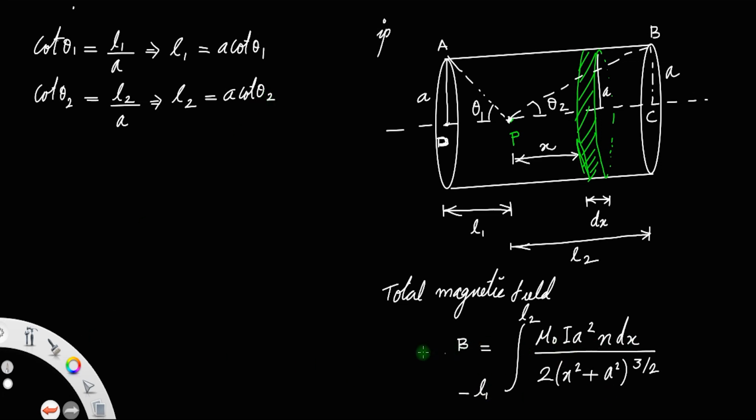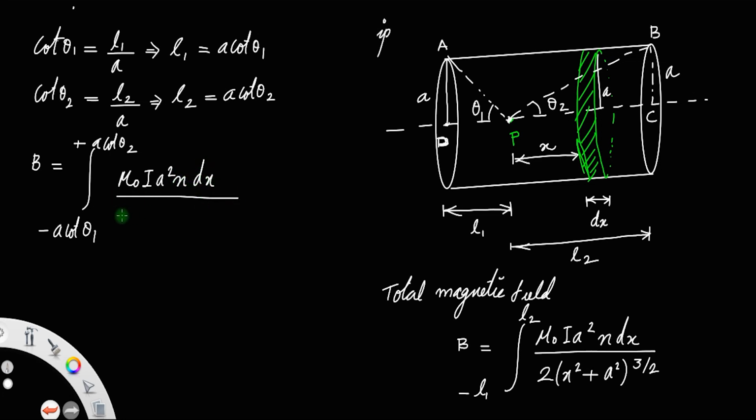So we can write this equation as: total magnetic field B is equal to the integral, instead of minus L1, you can write minus A cot theta 1 to plus A cot theta 2, of mu 0 I a square n dx divided by 2 into x square plus a square whole raised to 3 by 2. Let me erase this.